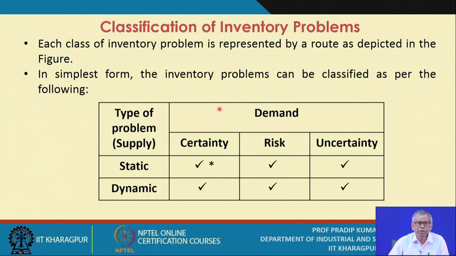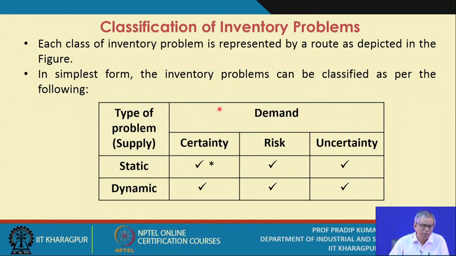Now related to inventory, how do you assess any type of inventory management system? How do you assess its performance? That means what are the performance criteria with which you judge the efficiency, effectiveness, or the quality of an inventory control system.